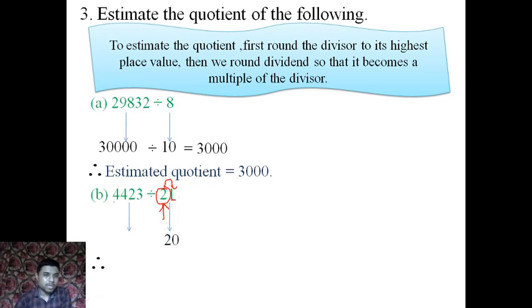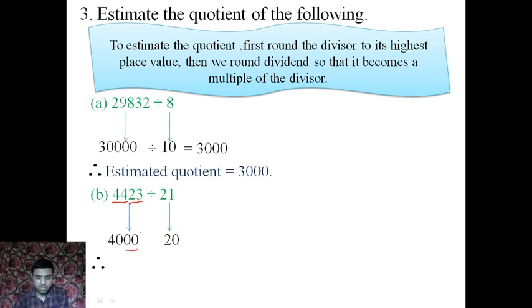Now come here, 44. Just count the table of 20. 20 ones are 20, 20 twos are 40, 20 threes are 60. Between 40 and 60, which is closer? Obviously 40 is closer. So for 44 you take 40, and for the divisor here 20.